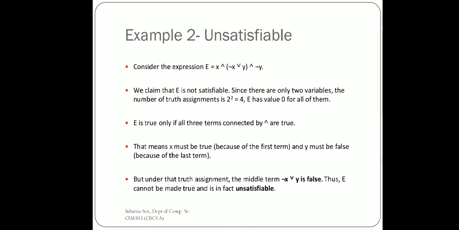There are 3 choices for which the middle value gives 1, but at the same time x and y will have some values, either 0 or 1, and if we evaluate the total expression for all 4 combinations, you will never be able to come up with 1 as the whole result. So this problem is unsatisfiable.